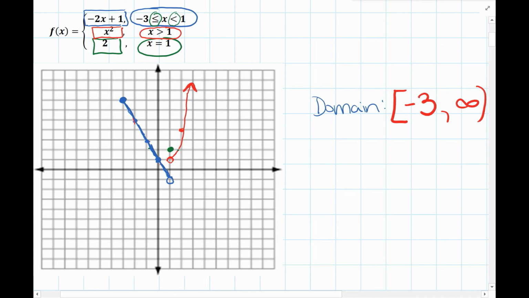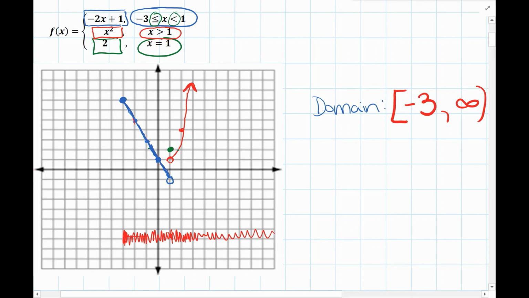So when you think about your domain, your very lowest value will be right here at -3. And then it keeps going across, even right here, it has a point there at the green. So it keeps going across until it goes on forever this way. So it's -3 to infinity.